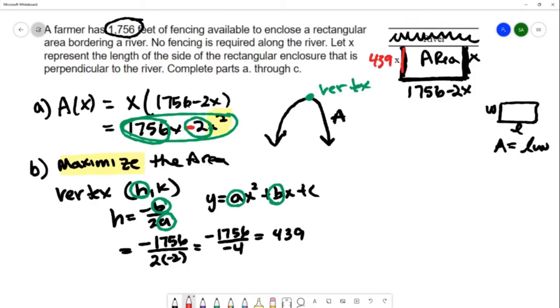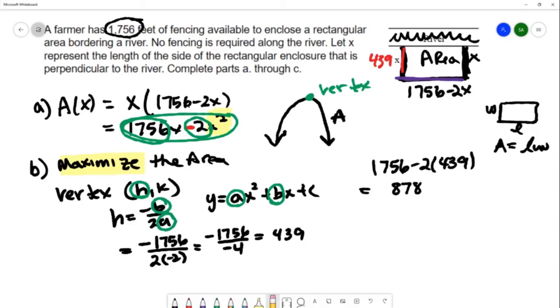We want to find the side parallel to the river as well. We want to find this side, and that's going to be 1,756 minus 2 times 439. So 2 times 439 is 878.